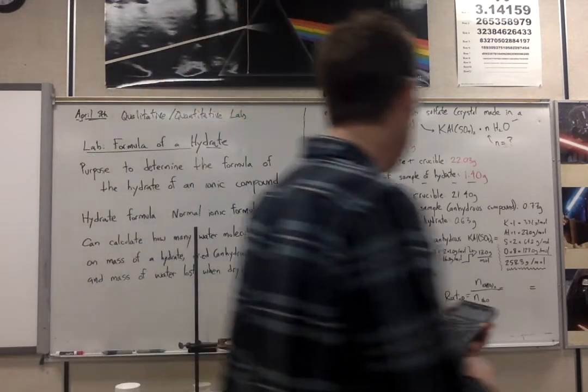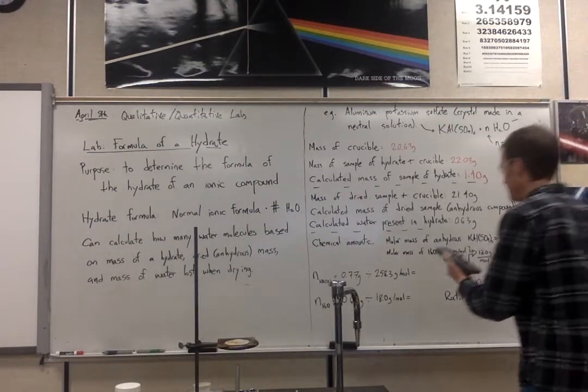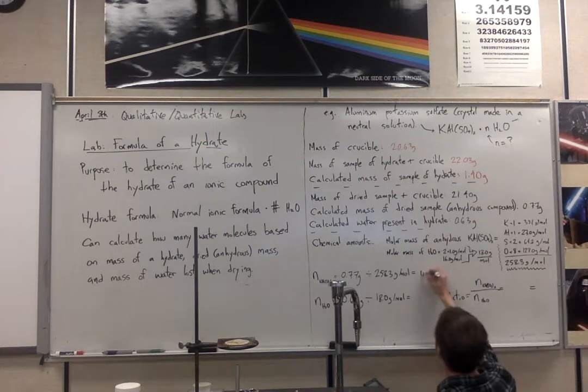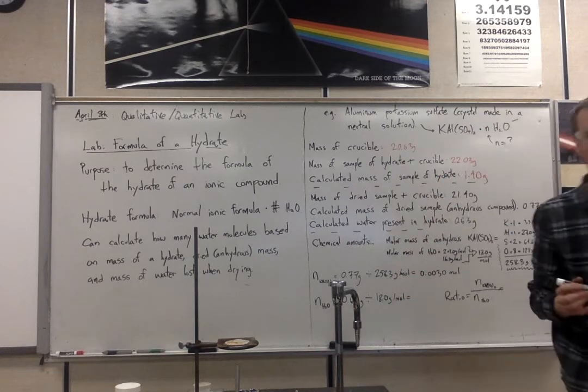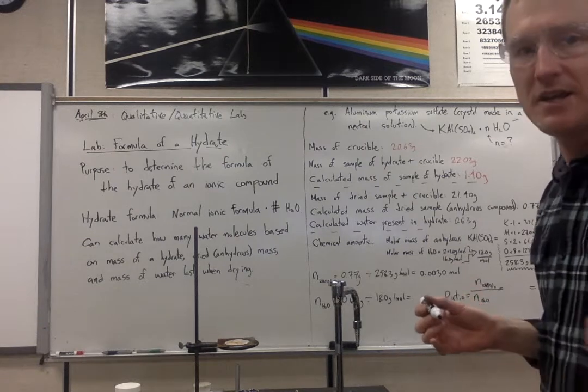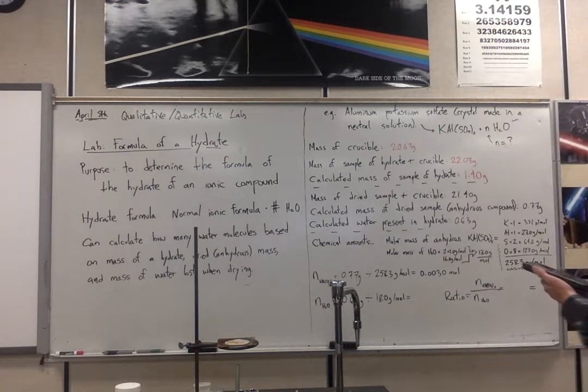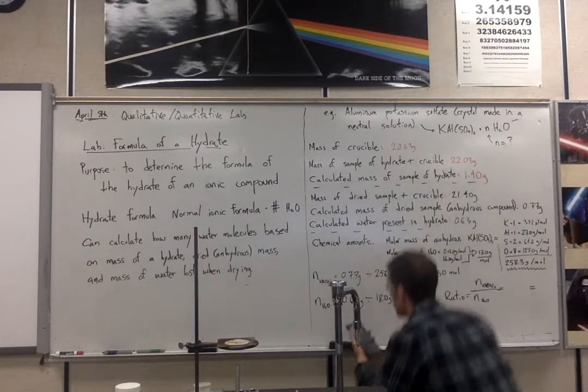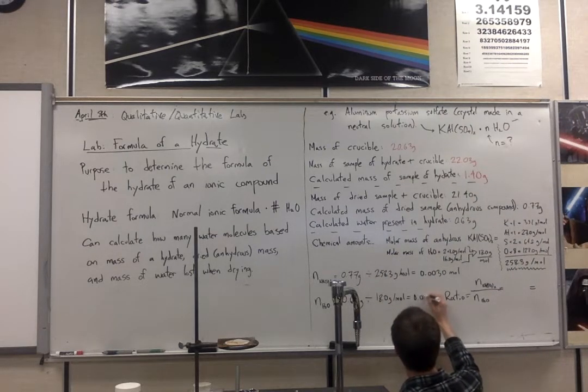I only get 2 significant digits. 0.0030 moles. Always pay attention to what are the units that you're working with. Here it's moles. Water, 0.63 divided by 18. 0.035 moles.